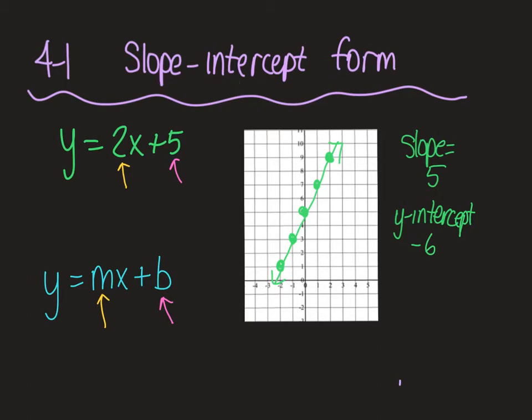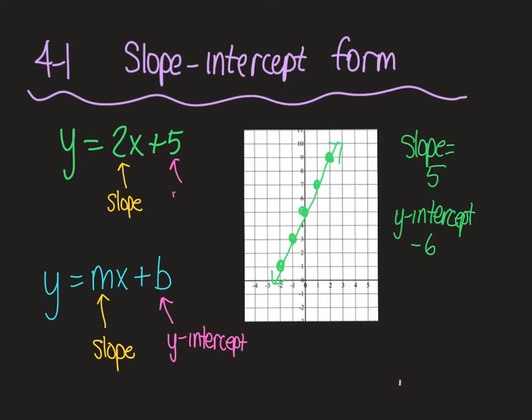Now this is called slope-intercept form because our generic version is y equals mx plus b. M is the slope, which we know already because we did direct variation. Whatever the coefficient of x is was our slope. So up here, my slope is 2, or 2 over 1. The number in the back, the b, is the y-intercept. Where does it cross the y-axis?